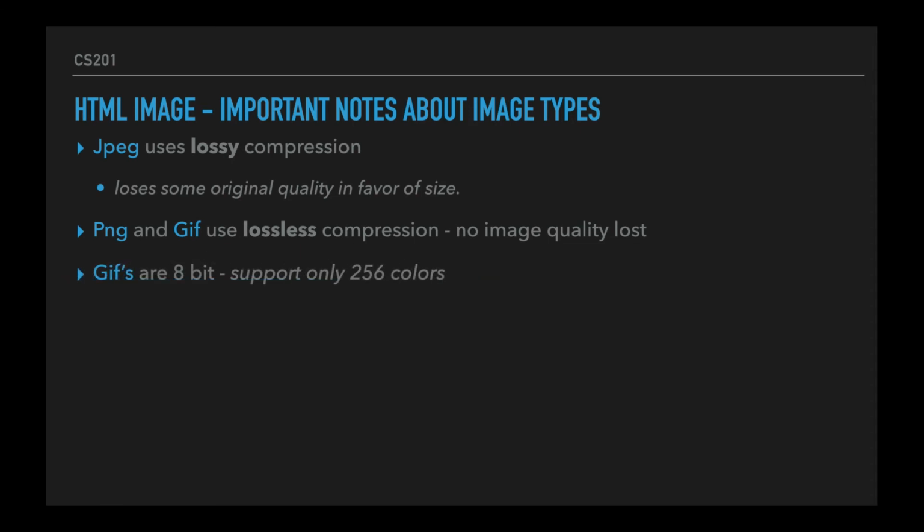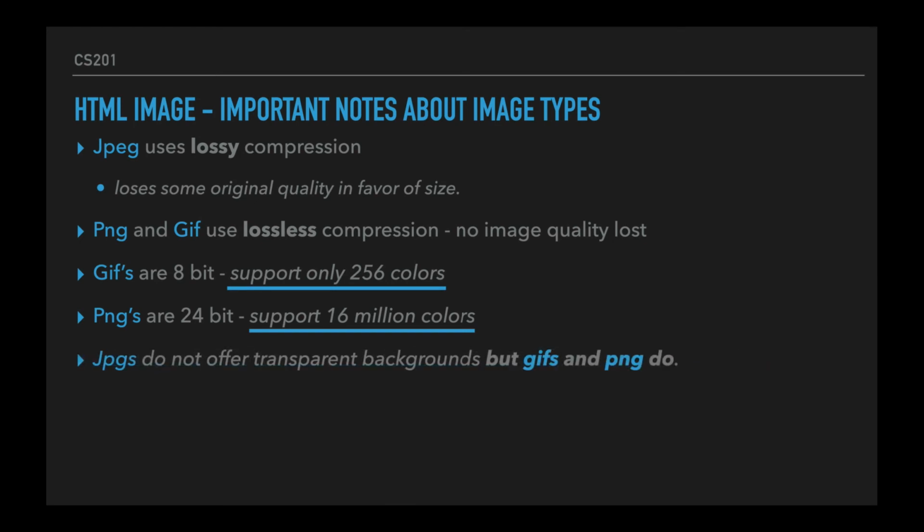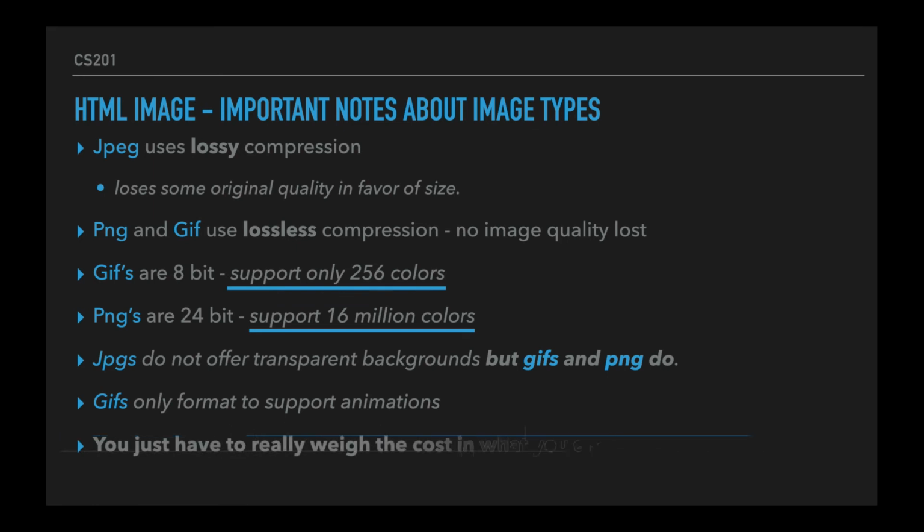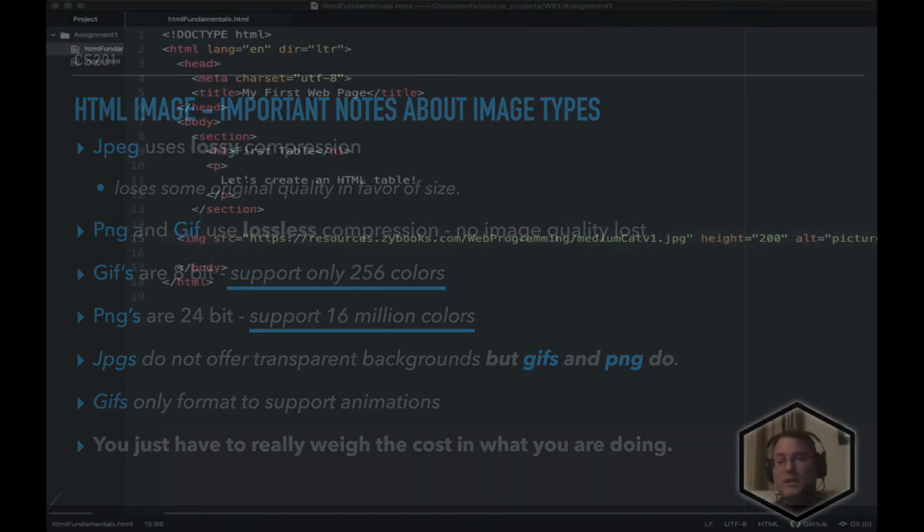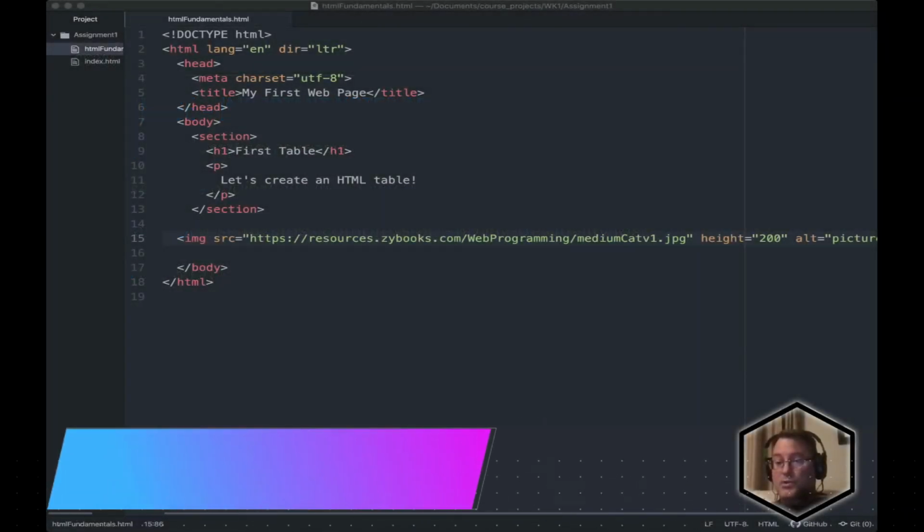However, GIFs are 8-bit, while JPEGs and PNGs are 24-bit. 8-bit can only support 256 colors, whereas 24-bit can support 16 million. JPEGs do not offer transparent backgrounds, and GIFs and PNGs do. So GIFs do animations, and you really have to weigh these things out, weigh the cost and what you're doing.